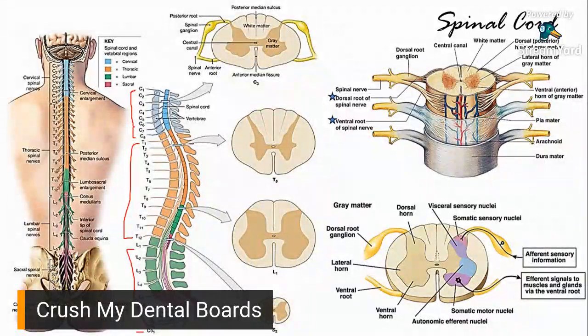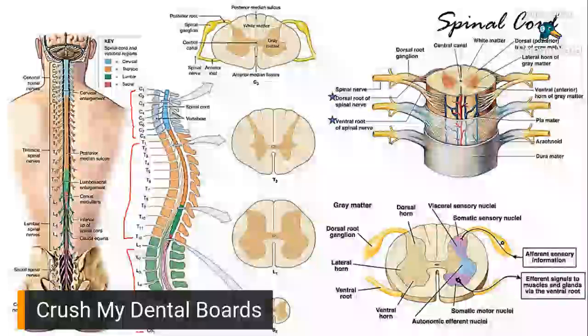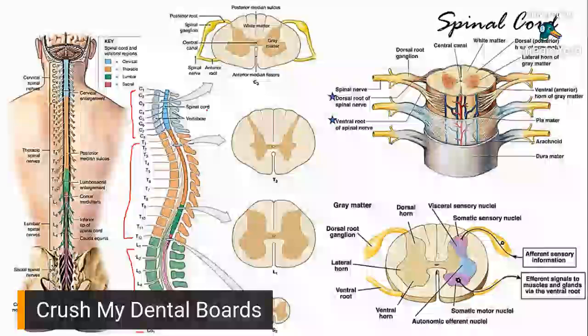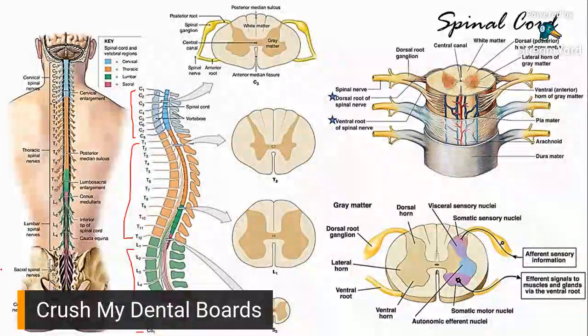How many cranial nerves do we have? 12 pairs. How many spinal nerves do we have? We have 31 pairs of spinal nerves. All right. So, ito lang yung point ng picture na yan. You have different areas: cervical, thoracic, lumbar, sacral, coccygeal.